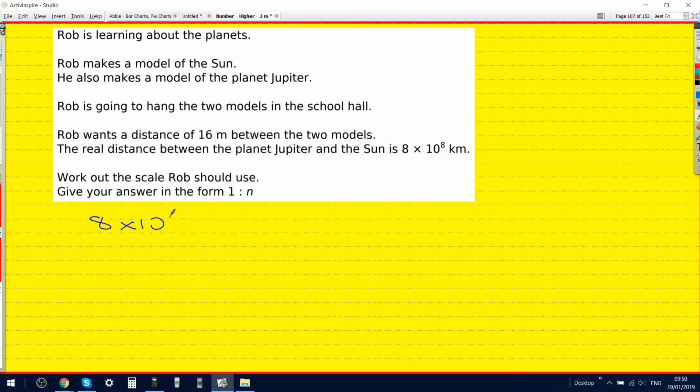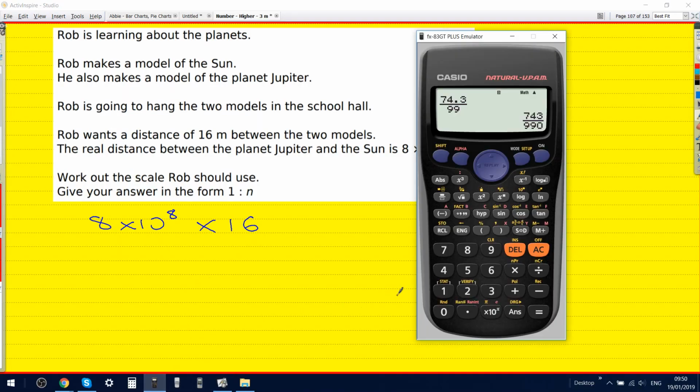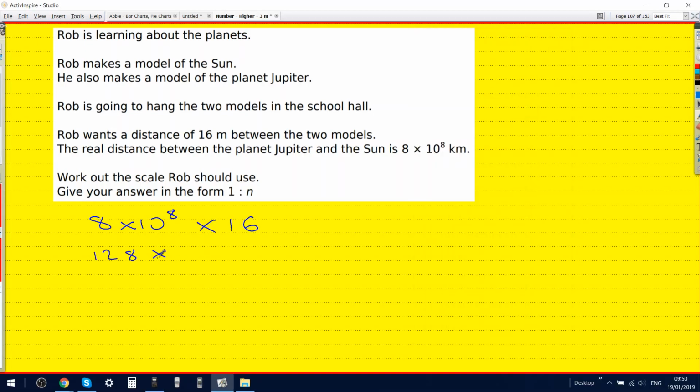I couldn't, it broke up for a second. 8 times 10 to the 8, and you said something before that. Times 16. 16. Okay. So I think it's going to be, oh, who knows? 8 times 16 is 128. So it'll be 128 times 10 to the 8.